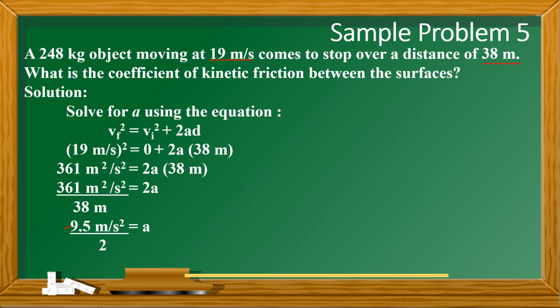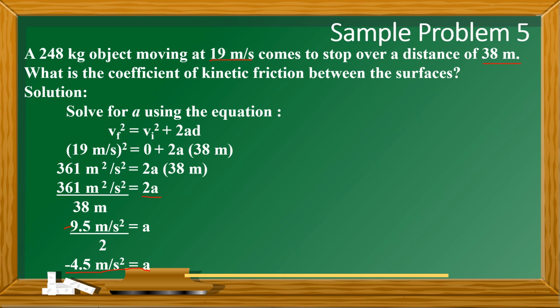Since there is a remaining 2 as a coefficient of acceleration, we further divide 9.5 meters per second squared by 2. We'll get an acceleration equal to 4.5 meters per second squared. Here, acceleration is negative since the motion is horizontal.